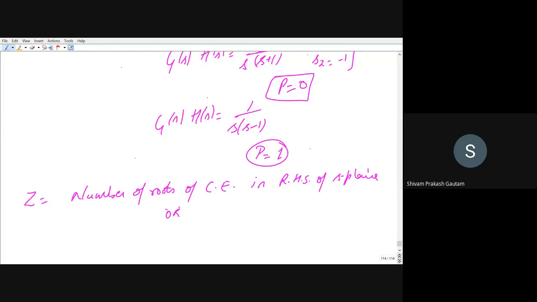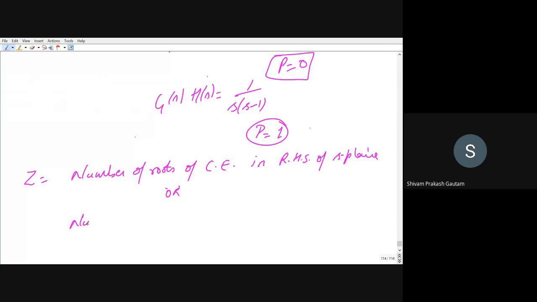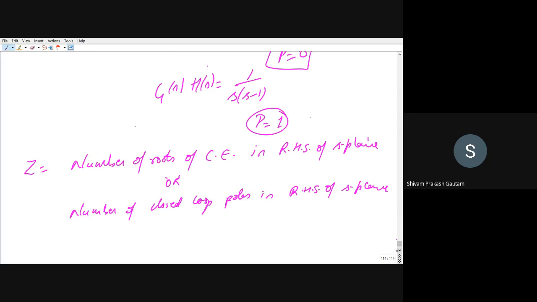Or, the number of closed loop poles in the right hand side of the S plane. What is the formula? N is equal to P minus Z. N we can determine by the Nyquist plot. P is the number of open loop poles in the right hand side of the S plane, and Z can be determined based on the values of N and P.